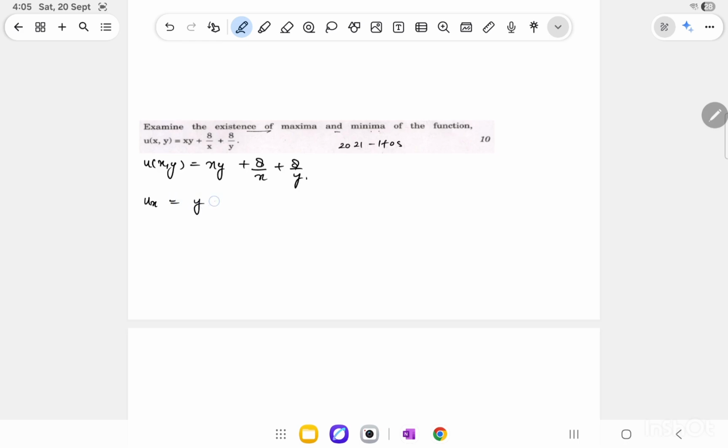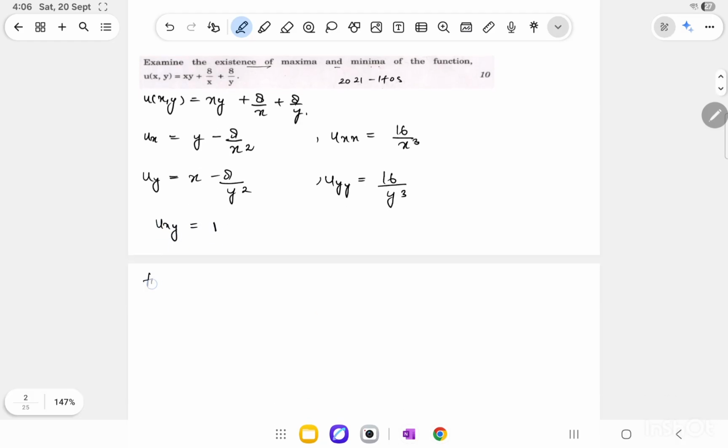That will be y minus 8 by x square, and uxx will be basically 16 by x cube. Likewise, if I calculate the partial derivative with respect to y, it will be x minus 8 by y square, and uyy will be 16 by y cube, and uxy will be basically 1.